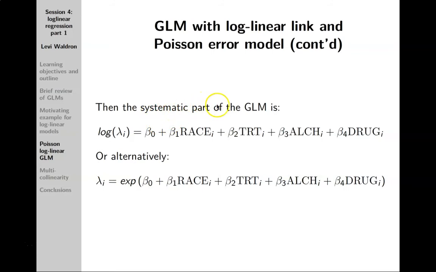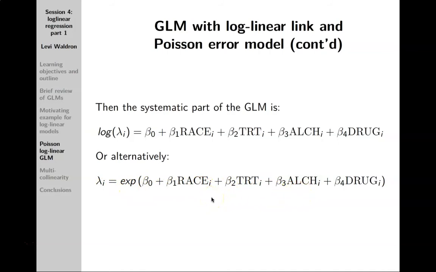So the systematic component of the GLM, using the equality we had before, has this log of the mean and variance parameter lambda equal to the systematic component, or alternatively lambda, the Poisson parameter, equal to the exponent of the predictors.